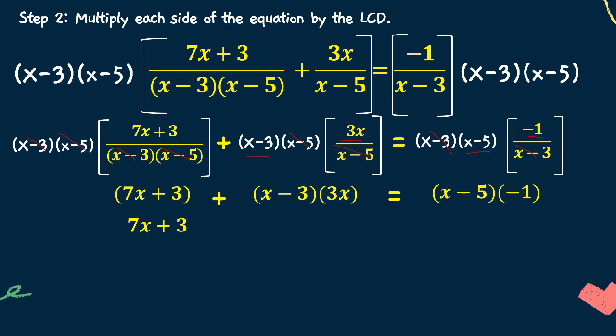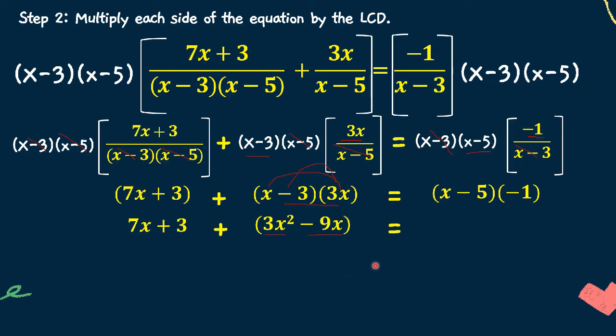So we have to simplify. Since we cannot combine the two, simply copy 7x plus 3. And we multiply this part. x times 3x is 3x squared. Negative 3 times 3x is equal to negative 9x.